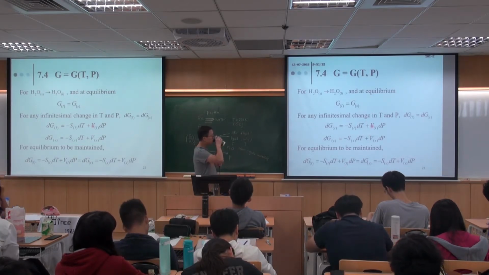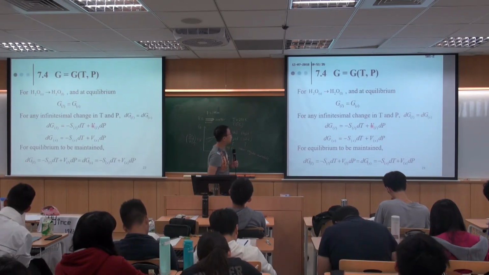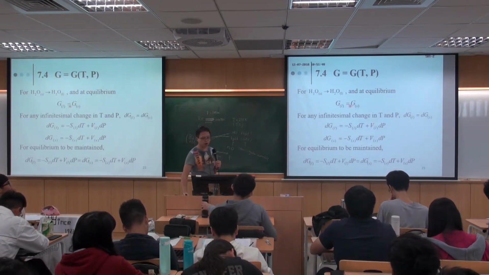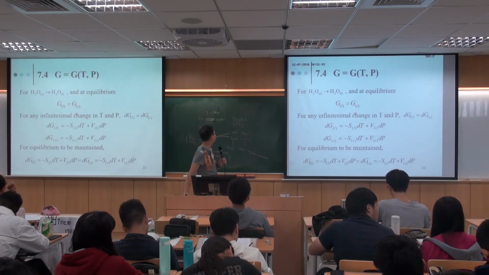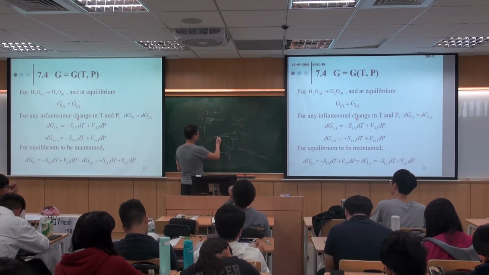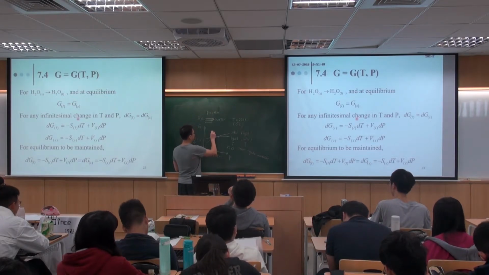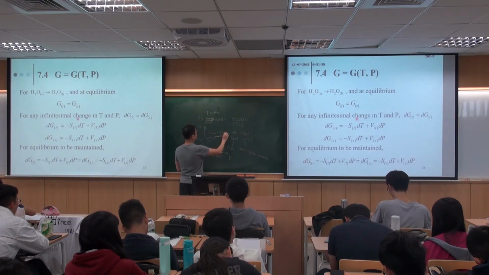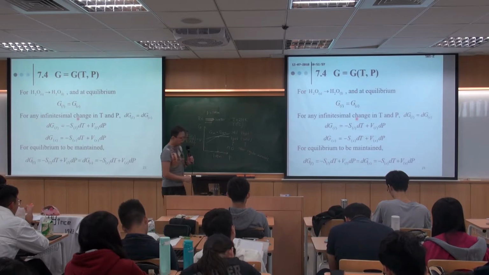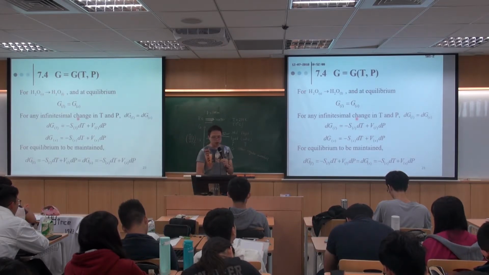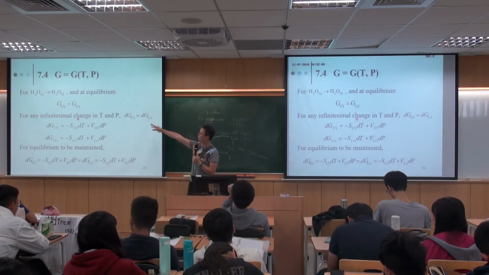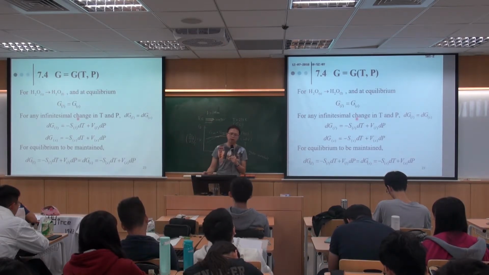More importantly, at the equilibrium point, not only is the Gibbs free energy of the liquid phase the same as that of the solid phase, so at this point G solid is the same as G liquid, but also dG liquid is the same as dG solid.